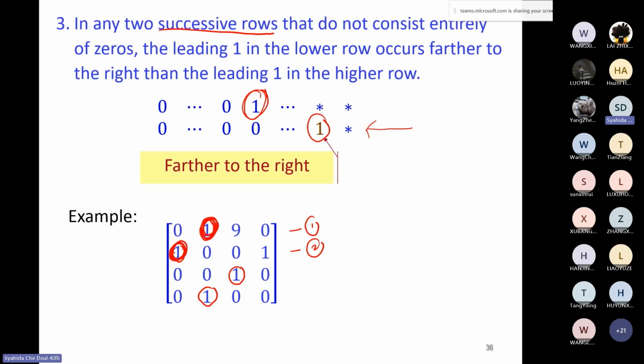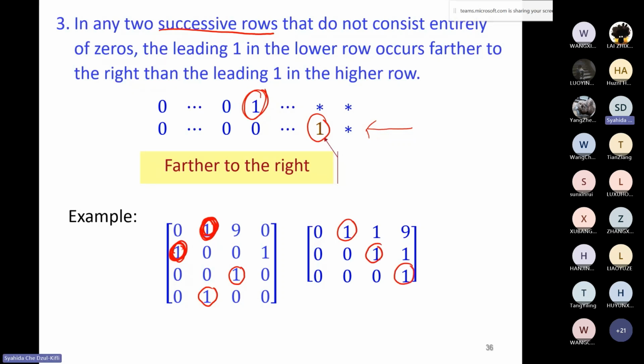Is that clear? Clear. It does not satisfy property 3. Okay. In the second row, second matrix, these are leading ones, right?